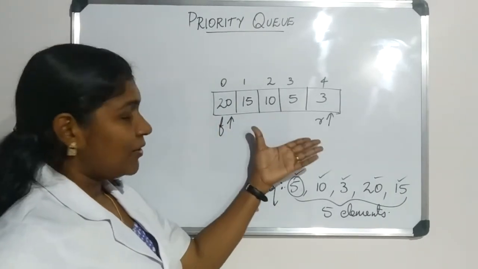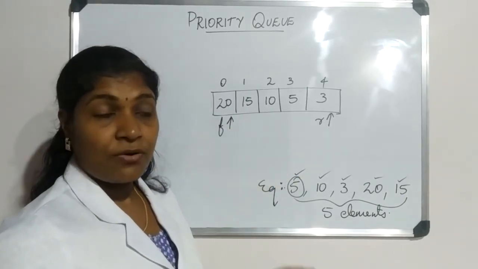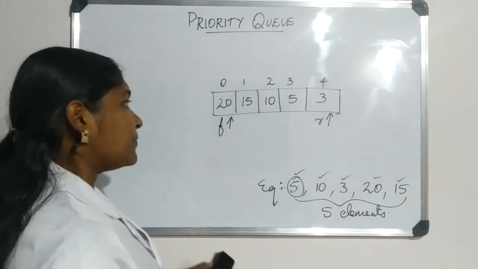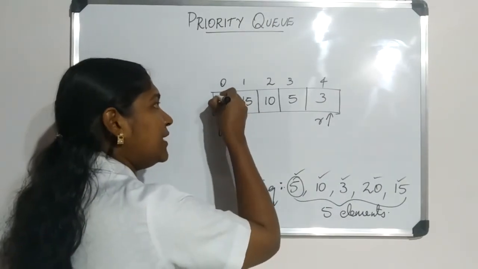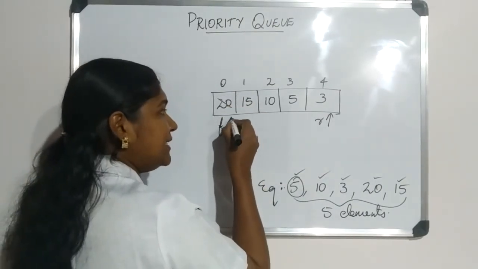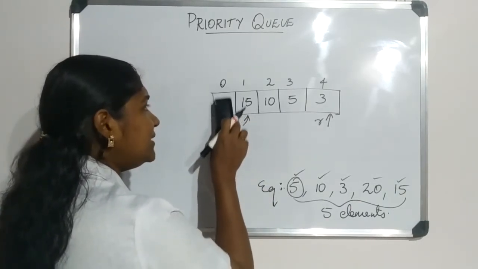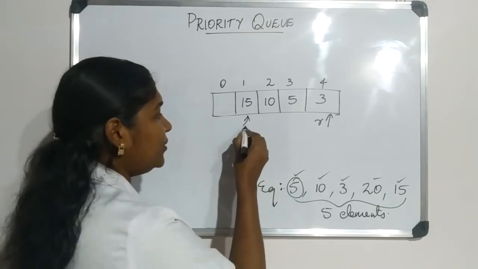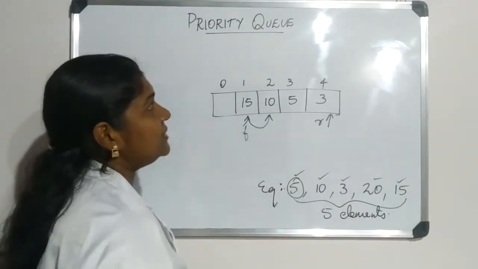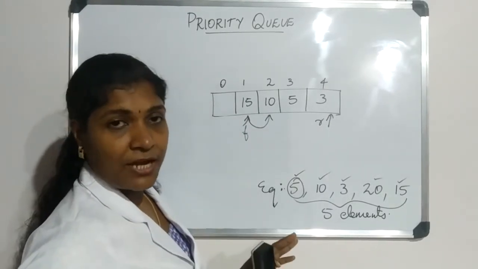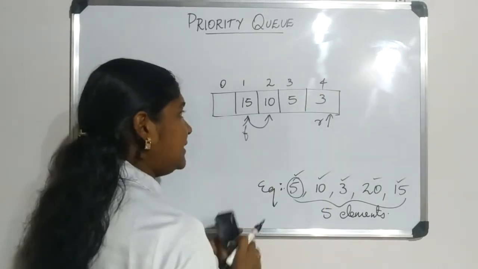So in a priority queue, while performing the DQ operation, we need not implement any special method. We can simply perform the DQ operation so that the element with the highest priority gets deleted and increment the value of front. And if we want to delete the second element, again DQ operation, simply increment. The dequeue operation in a priority queue is the same as that of our normal queue. So let's consider until our array gets empty.